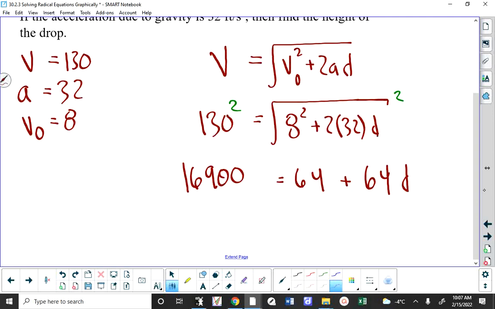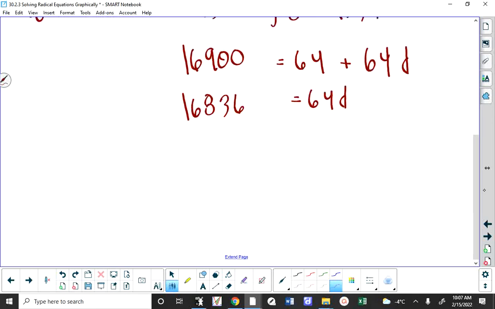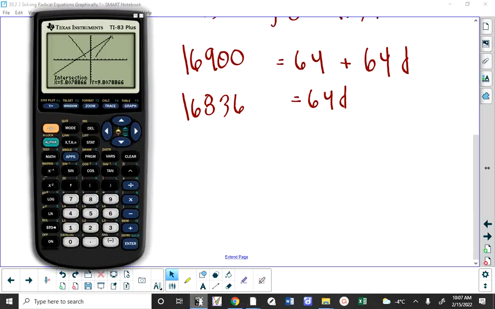Subtract 64, you get 16836. How's my subtraction? Good. Equals 64d. I'm not going to attempt to divide 64 into that number in my head. That would just embarrass all of us. 16836 divided by 64 is about, wow.